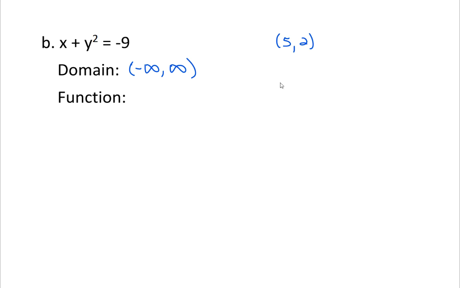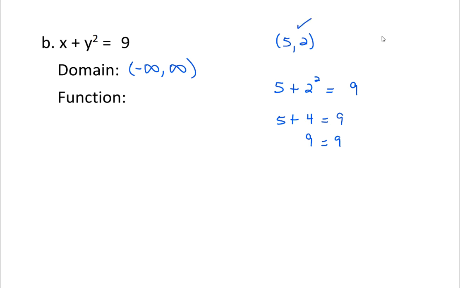So if I had 5 for x and I plugged in 2 for y, that should be a positive 9, not a negative 9. Okay, I think I have the equation fixed. So if I plugged into this equation, x plus y squared equals positive 9, I have 5 plus 2 squared is 4, and 5 plus 4 is 9. So this is a solution to this equation.